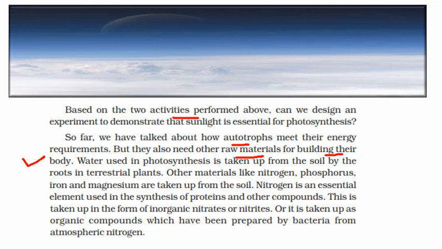Water used in photosynthesis is taken up from the soil by the roots in terrestrial plants. And other materials like nitrogen, phosphorus, iron and magnesium are also taken up from the soil.